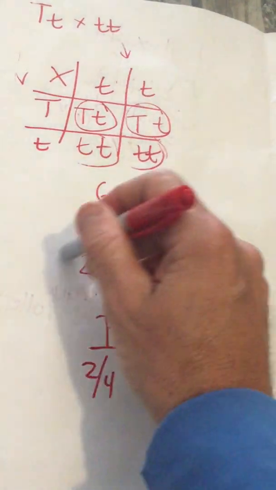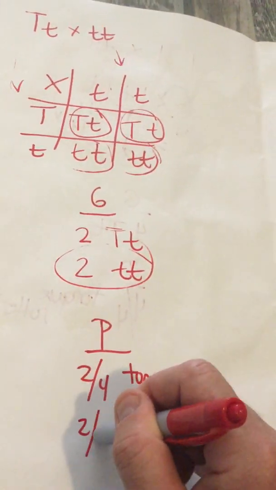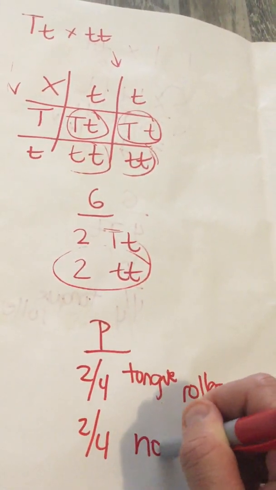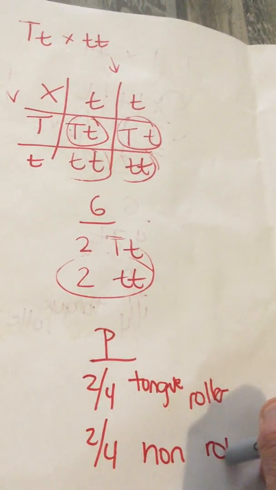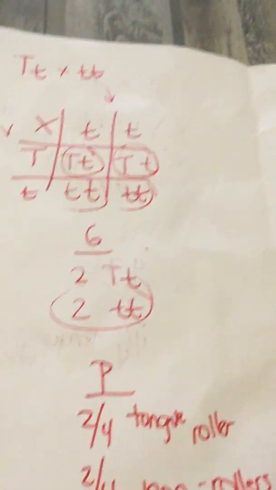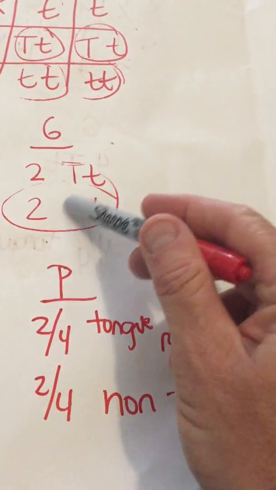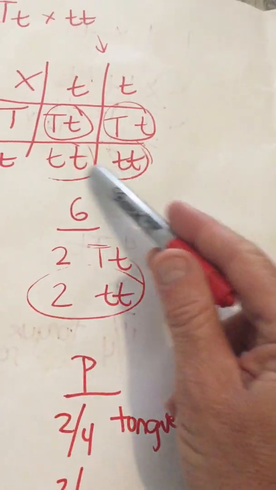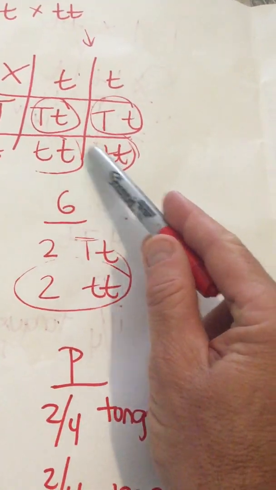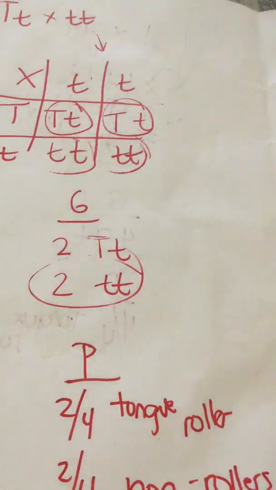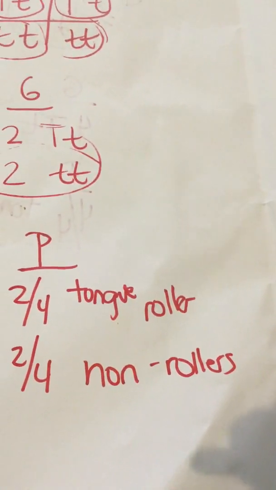And these two people here are going to be non-tongue rollers. I'm going to just put non-rollers here. Because these two people have two recessive traits, there's a 2 out of 4 chance that the kids will be a little t, and they will not be able to roll their tongue. Okay? So, there you go.